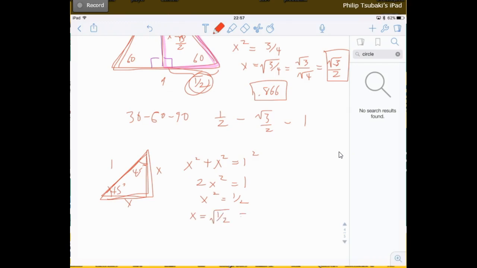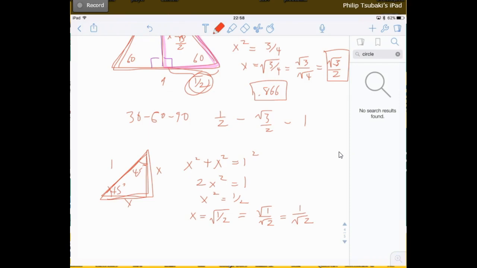This can be written in a couple ways. One of the ways is square root of 1 over square root of 2, right? So we could write 1 over the square root of 2. Some math people don't like writing with radicals or a square root in the bottom.